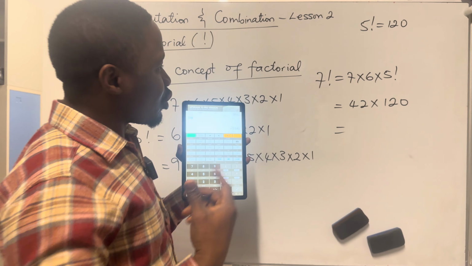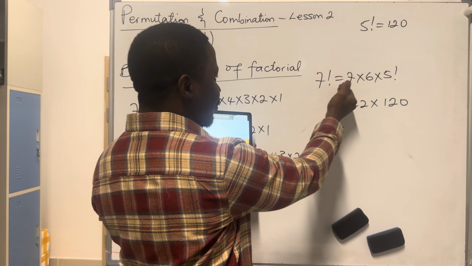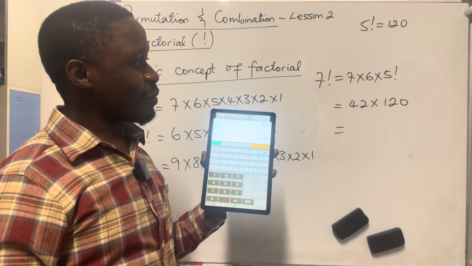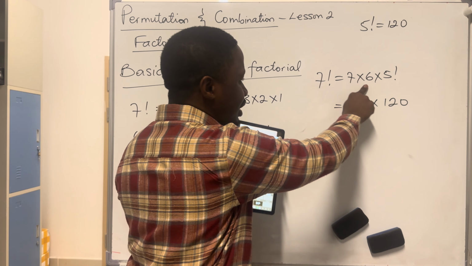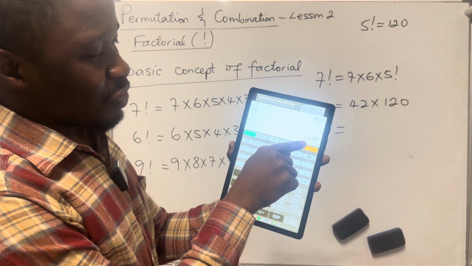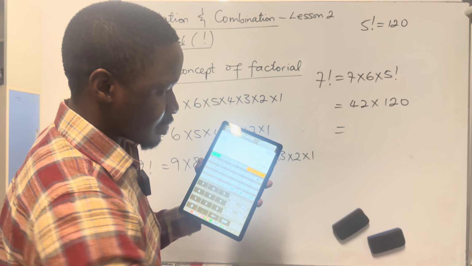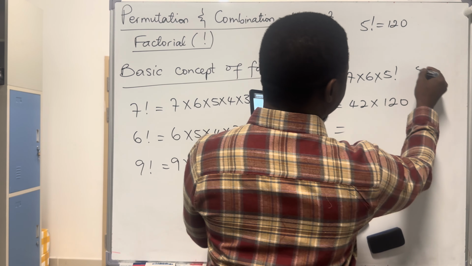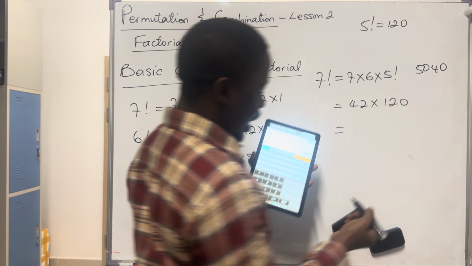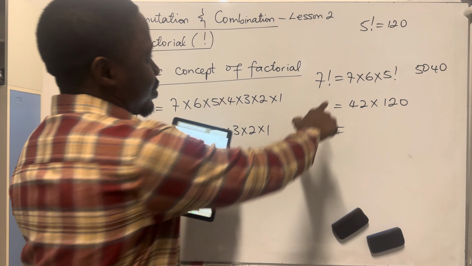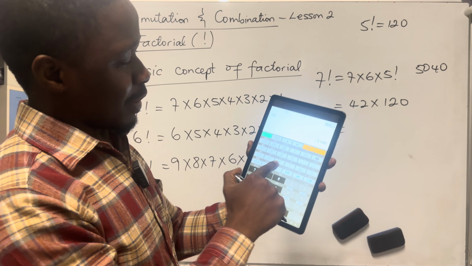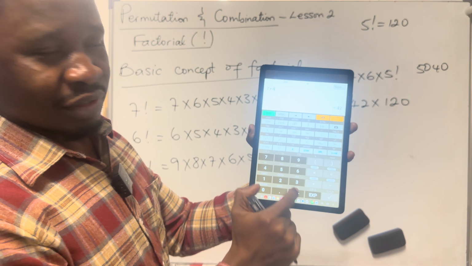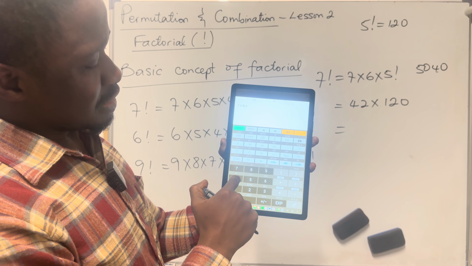Now, I just told you that you can choose to say 7 times 6 times 5. You choose to stop here, but you must indicate the factorial. So now let's see 7 times 6 times 5 factorial. Don't forget, 5040. Now let's see. 7 times 6 times 5.